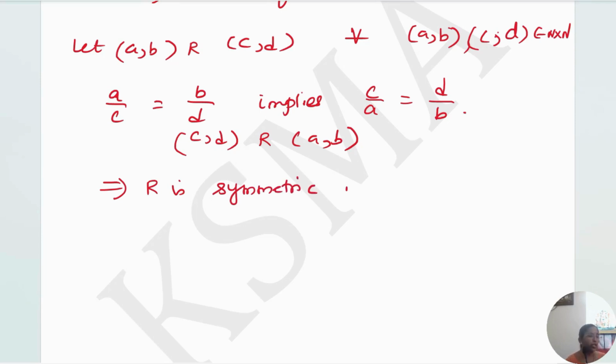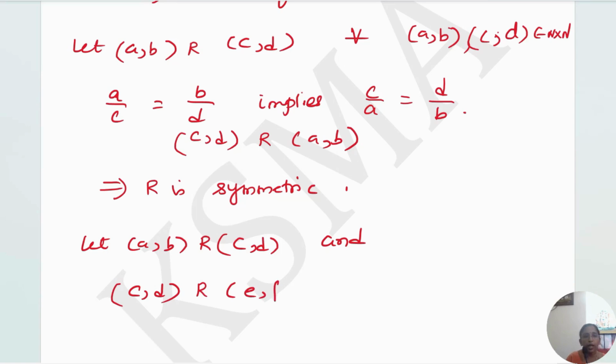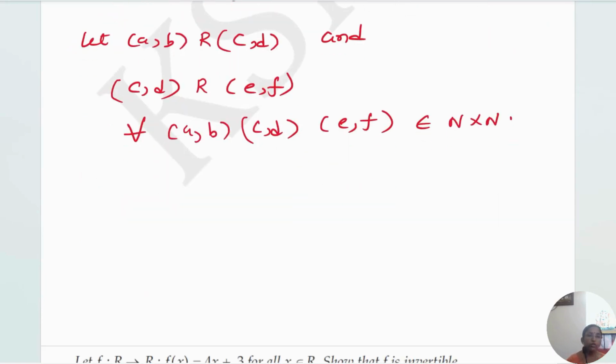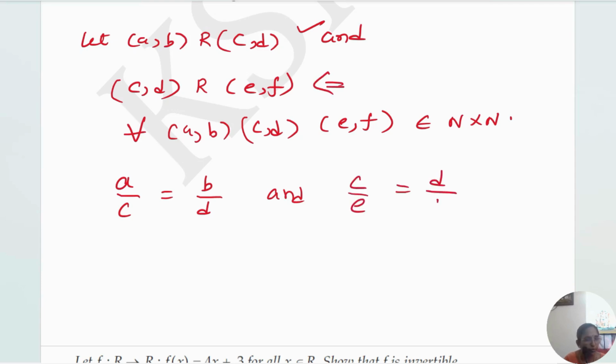And for transitive checking, consider this. Let (a, b) be related to (c, d), and (c, d) be related to (e, f), for all values of a, b, c, d, e, f belonging to the natural numbers, so N cross N. For the first condition you can write a/c = b/d, and for the second condition, c/e = d/f.